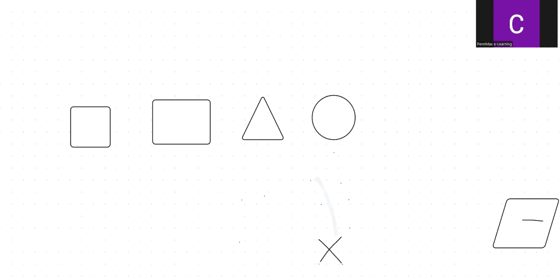How many sides does the square have? Look: 1, 2, 3, 4. So it has 4 equal sides. What about a rectangle?